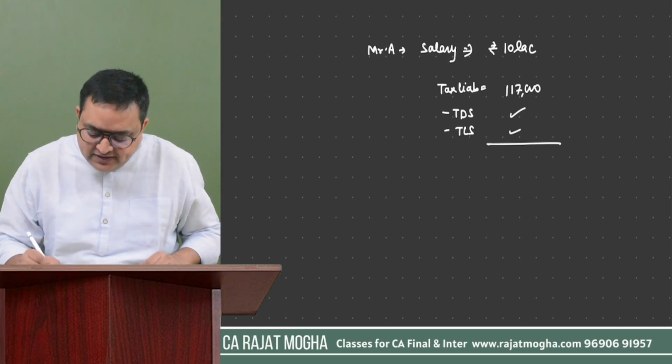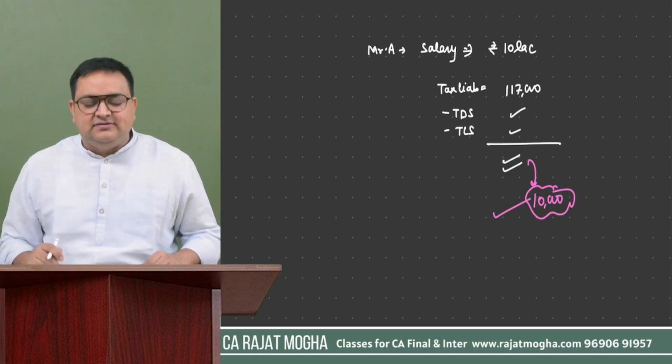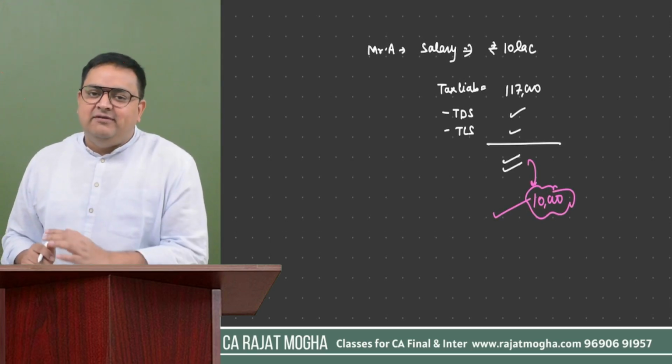After that, you have to see whether this amount is 10,000 rupees or more. And if yes, even if it is exactly 10,000 rupees or more, then advance tax liability will arise.